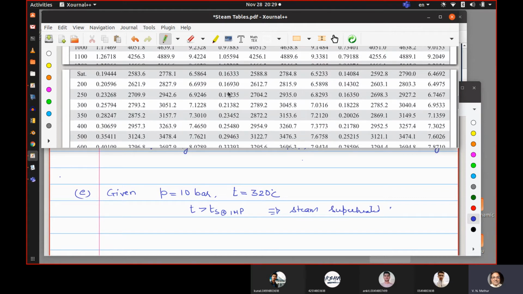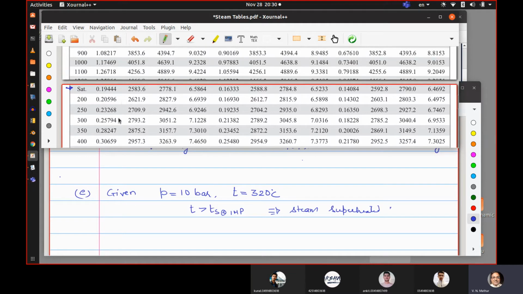I think these are the values. So corresponding to 10 bar is 0.19444.